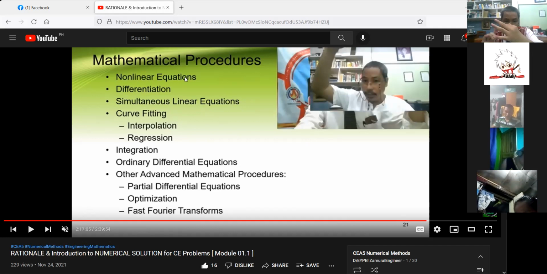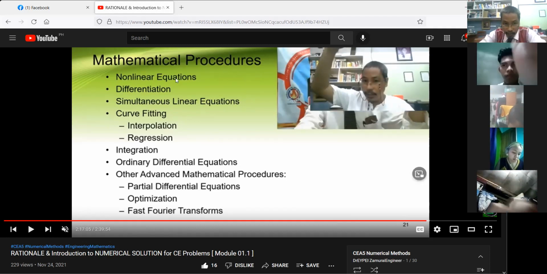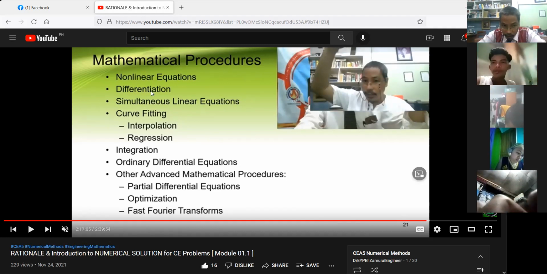What are those? Bisection method, Newton-Raphson, and what else? The secant method. So there are 3 methods to solve nonlinear equations. And we are also through with differentiation. Differentiation is chapter 2. Nonlinear equations is chapter 3. We are already done with this.